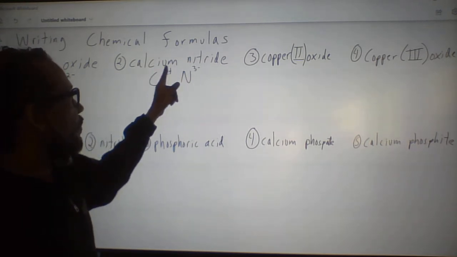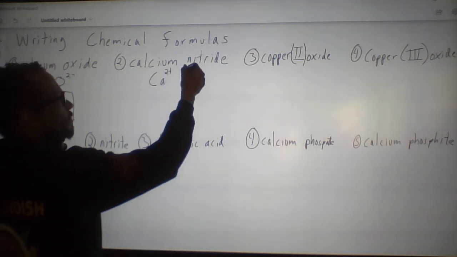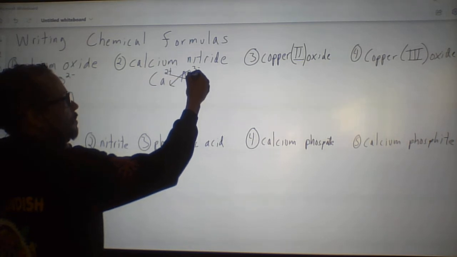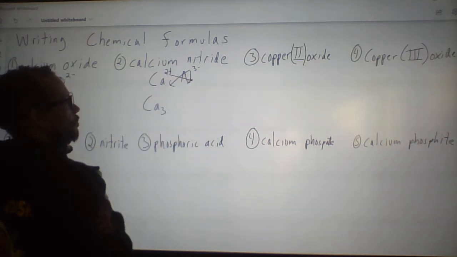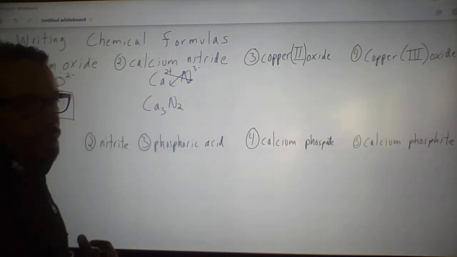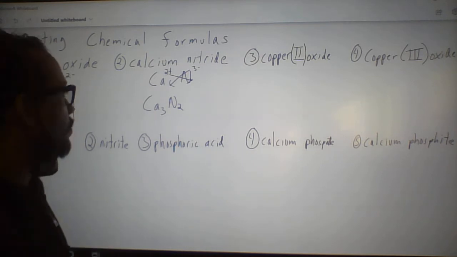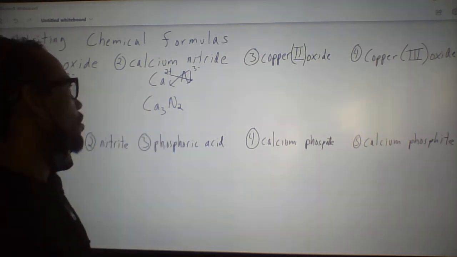So these have different ion numbers, so since they're different, I'm going to need to use the cross method. So this is a 3, this is a 2. So this is calcium with a 3 charge and with a 2. And the reason we're going to do that is so that the charges are balanced. So with an element that's ionically bonded, we want those charges to be balanced.